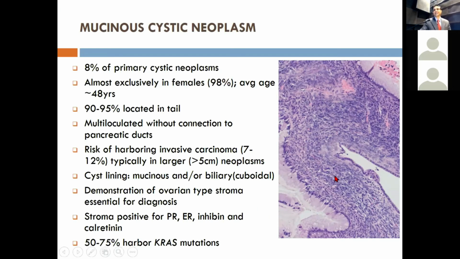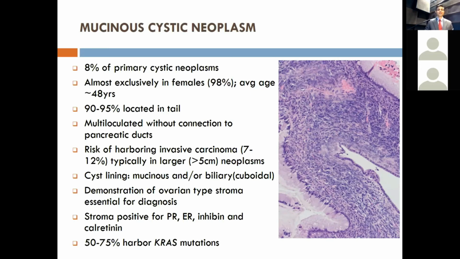And in this case, as the example seen over here, you can see both the biliary type cuboidal epithelium and the mucinous epithelium. However, one thing I would like to mention is that if you see a tumor with predominantly biliary type of lining, the chances of high-grade dysplasia are very low. Actually, in their study, they did not see any high-grade dysplasia in this biliary type of lining, but it is more commonly associated with mucinous lining.